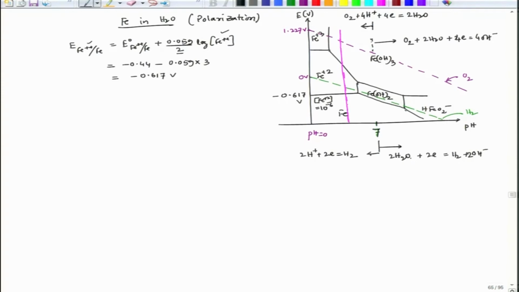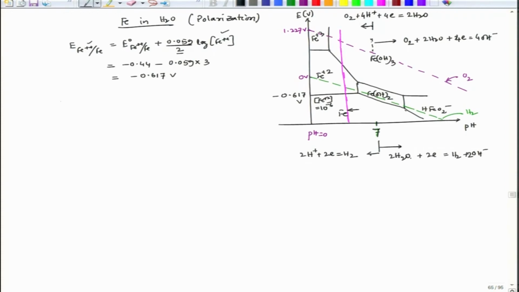So, if we increase the potential from this particular position, taking the potential to the positive side, the anodic as well as cathodic line will have its own existence.